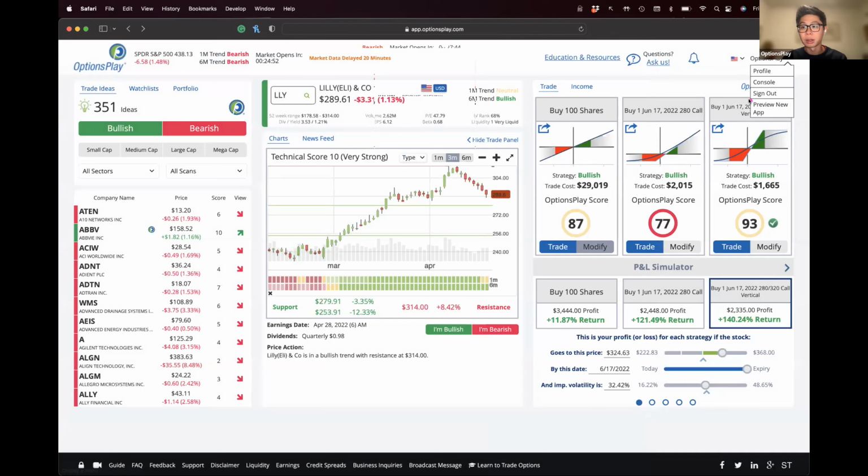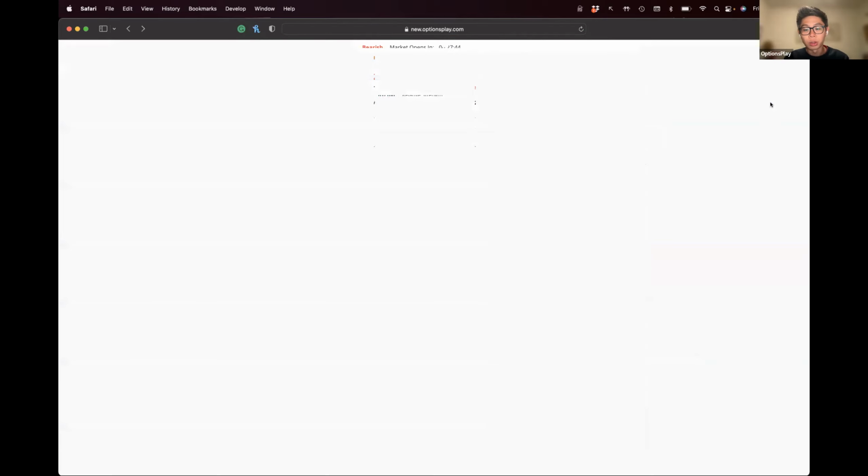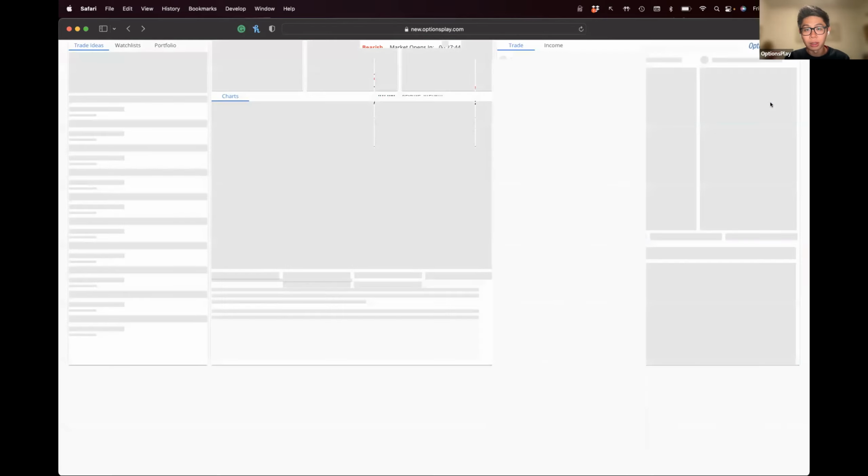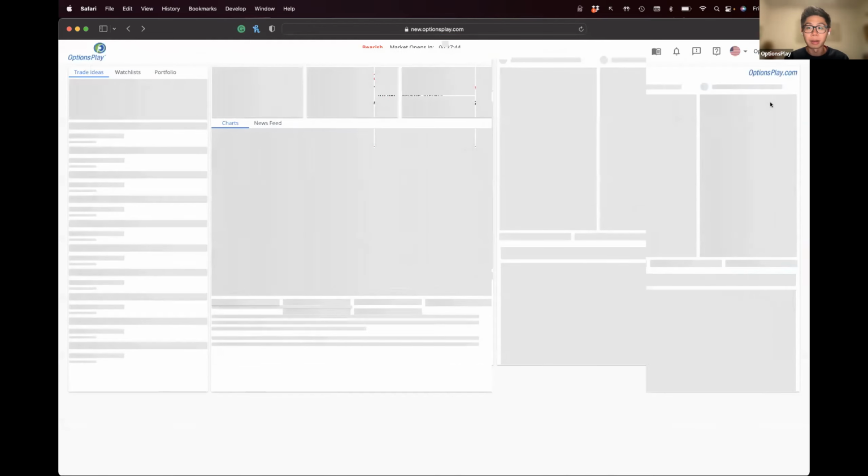You see how it says Preview New App right here on the right-hand corner? If you click on that, that will bring you to the new application, and that is where the new risk and investment calculator is included in the platform.